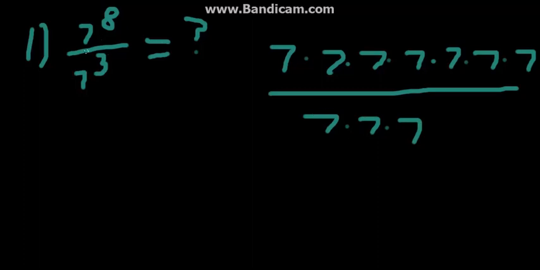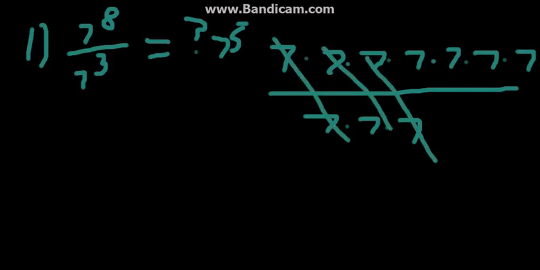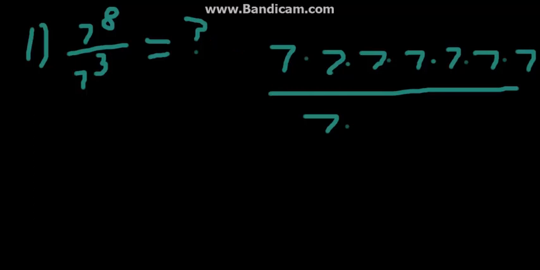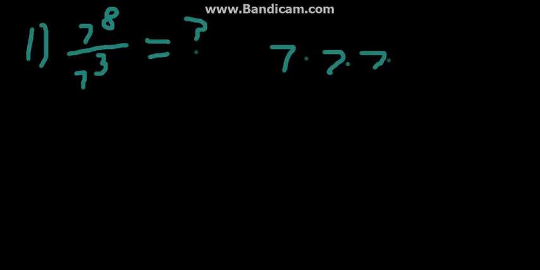So this is actually supposed to be 7 to the 5th. And this is why, because we cancel these out. And, oh, that's 6 sevens. Okay, now that is why, 7 to the 5th.